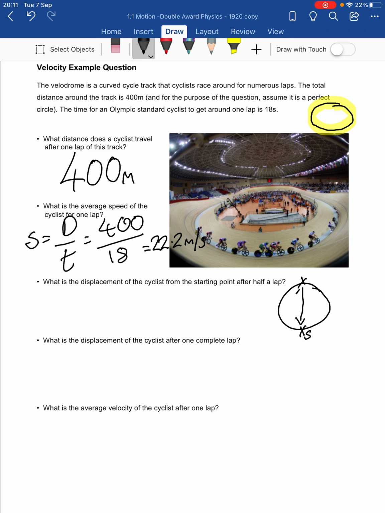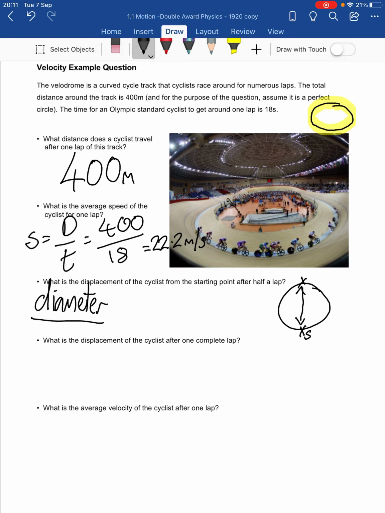Half a lap, he's here. So the displacement would be the diameter. And you could work that out using 2 pi r, I guess, pi d. So the perimeter equals pi d. I'm not going to do that though.